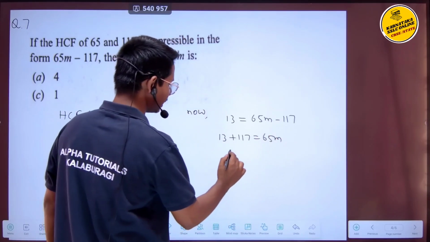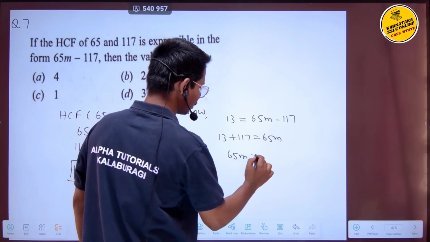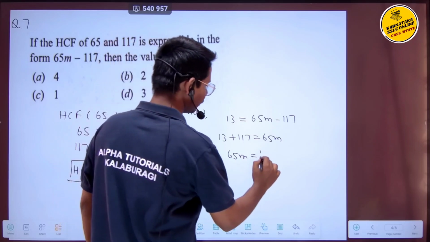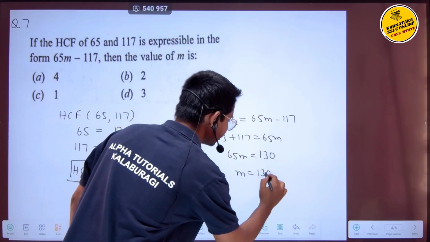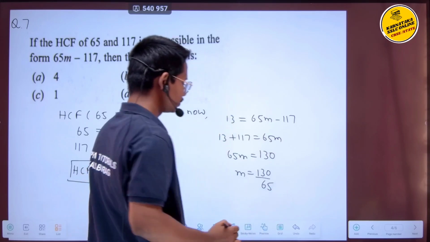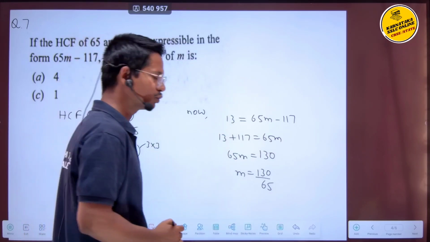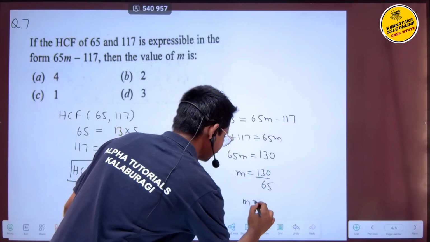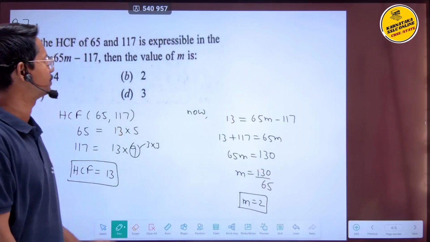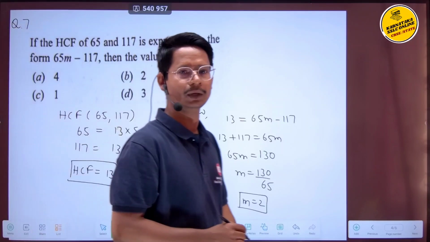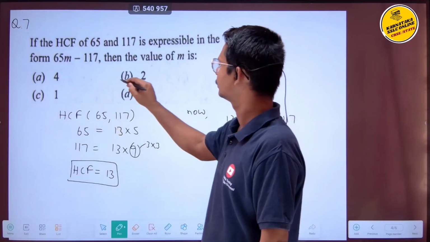First I'll write the m term, 65m equals, if you add this you will get 130. And m equals 130 by 65. 65 times 1 is 65, 65 times 2 is 130. So I'll get m equal to 2. This is how you need to solve. So the correct option here is 2.